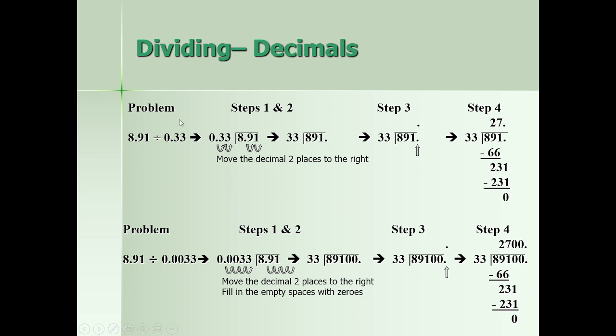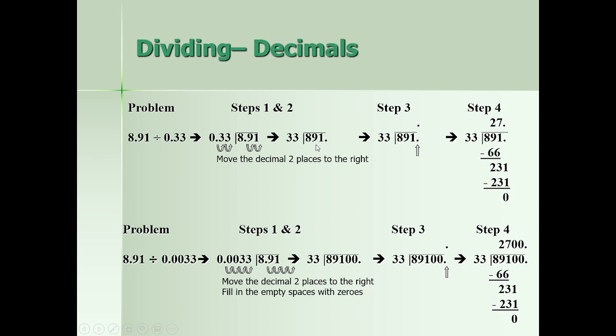So again, a quick reminder of how to do the problem. We have 8.91 divided by 0.33. Remember, this one goes outside of the house, which is the second number, and the first number goes inside of the house. We're going to move the decimal 2 places to the right. 1, 2. The same with the one inside of the house. 1, 2.